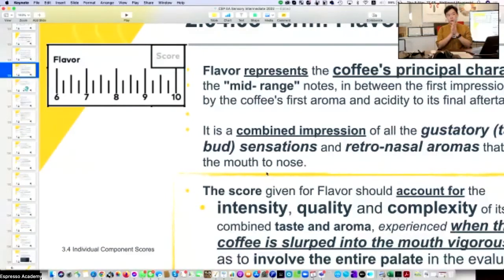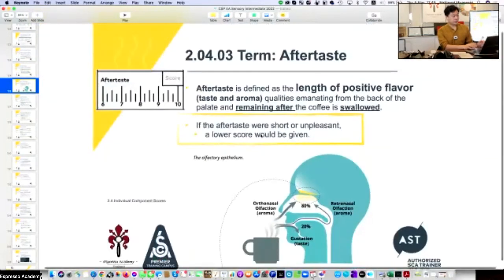So, for example, it can be pretty good when it's hot, but then when it cools down, the good stuff is gone. That's possible as well. So scoring each section is very important. We will talk about that in my lecture again, in the notes again.